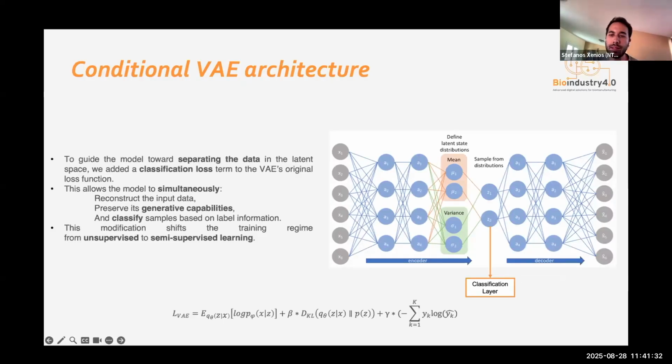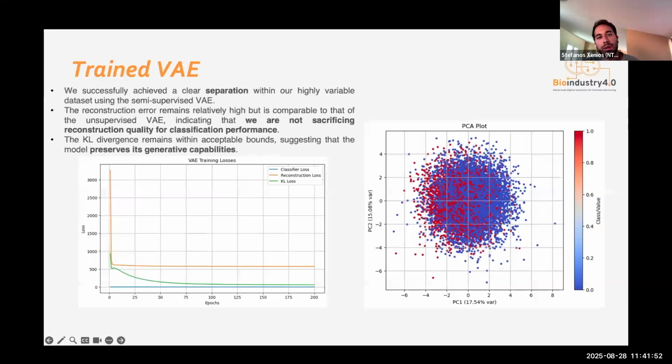To do this, we added another classification layer inside the variational autoencoder, thus making the training go from unsupervised to semi-supervised. We wanted the autoencoder to learn the distribution and also to classify the good from the bad models. We did this. We trained the variational autoencoder.